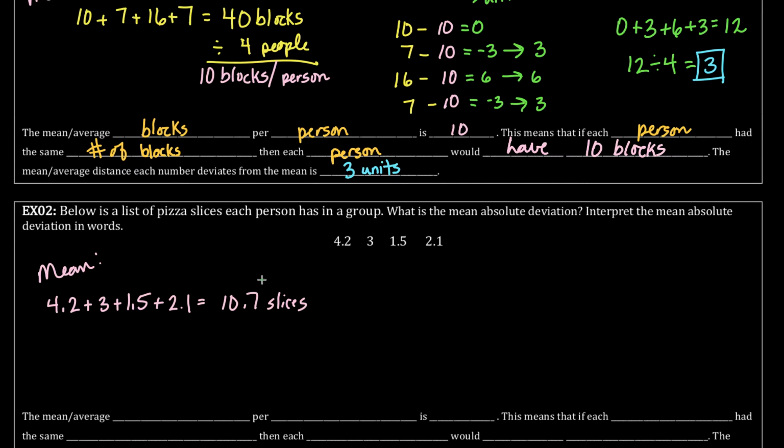Oops, good thing I caught this. This isn't 10.7. This is actually 10.8 slices total. And we're dividing it amongst 4 people.